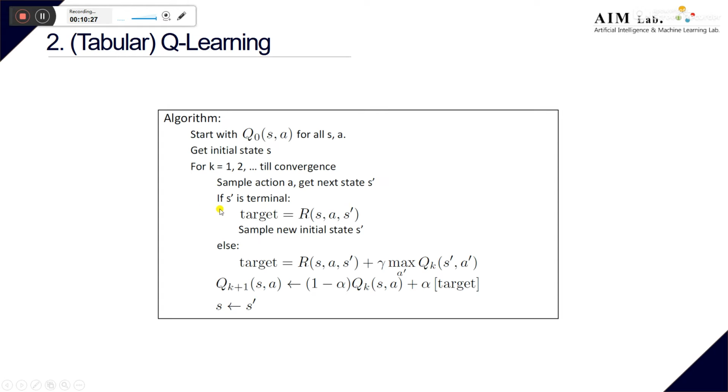The next step is, if S is terminal, then the target is just the current reward and we sample a new initial state.